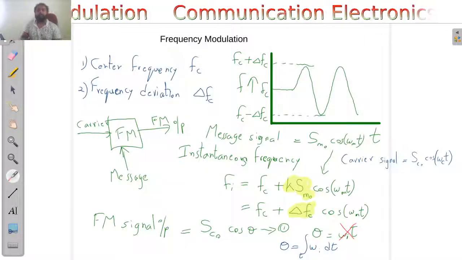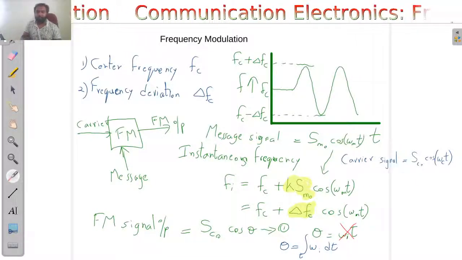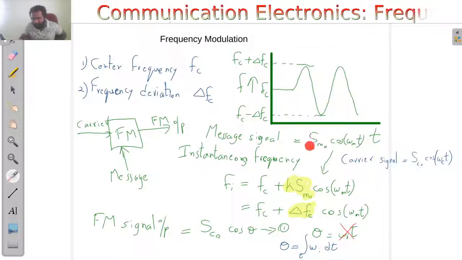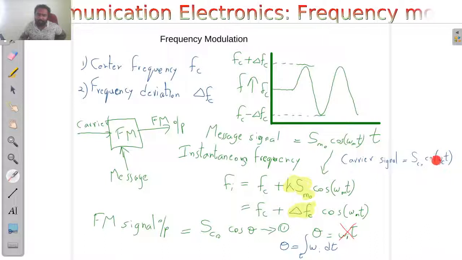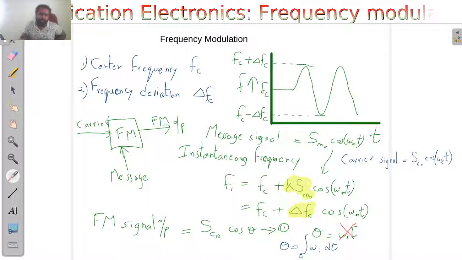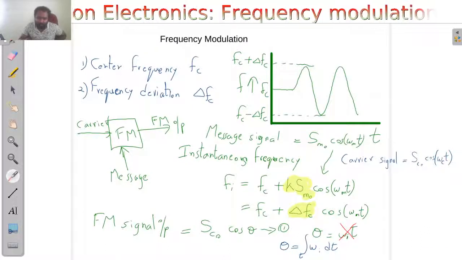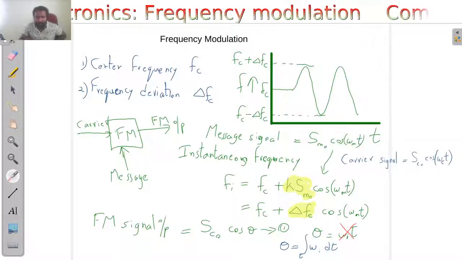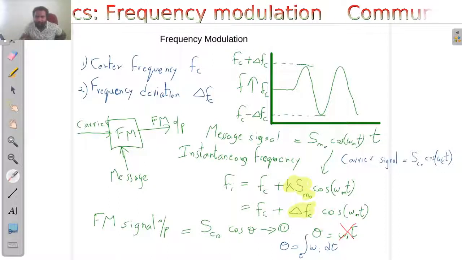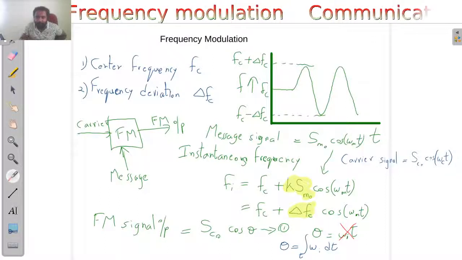Alright, so let us write the message signal like this. Your message signal is SM0, that is the amplitude, cos omega mt, and your carrier signal is SC0 cos omega ct. So let me ask you what the instantaneous frequency of your modulating signal is. Your instantaneous frequency is the frequency at each point in time.